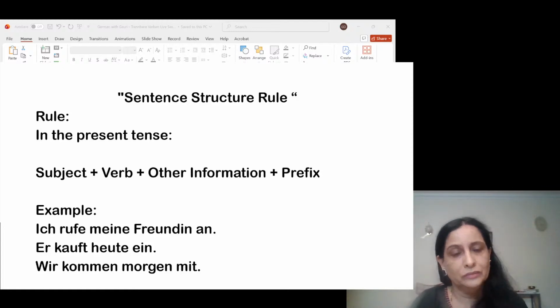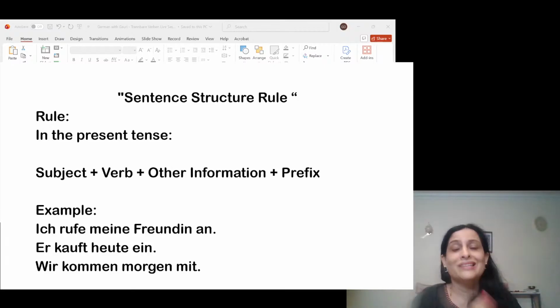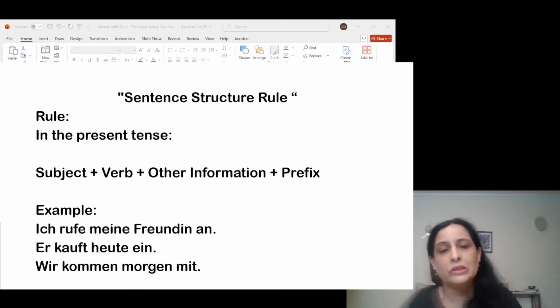Ich rufe meine Freundin an. I call my friend. Here the main separable verb is anrufen, but now we are splitting it into two parts. So rufe will come at the second position and the prefix an will go at the end.